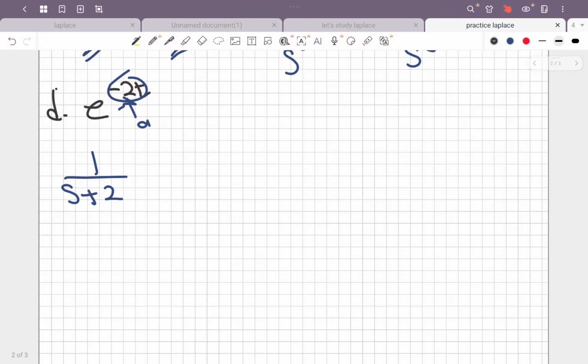Let's move on to e to the power of negative 3t. On this question, we also refer to rule number 7, exponential decay.